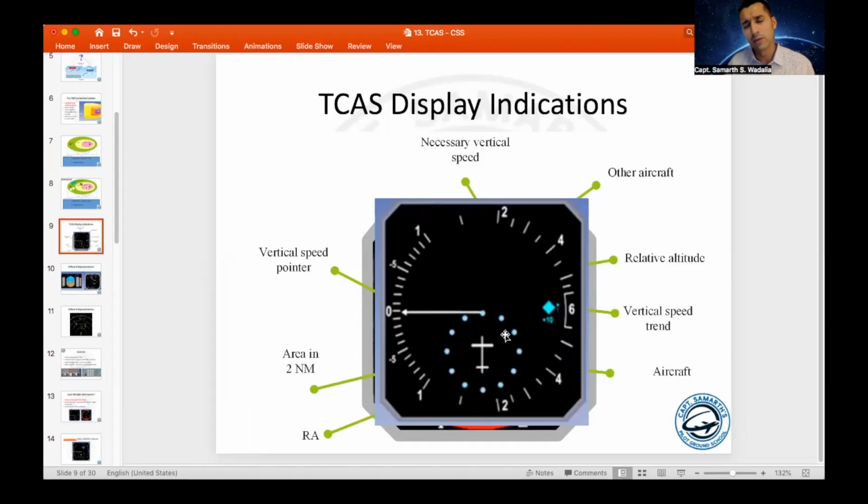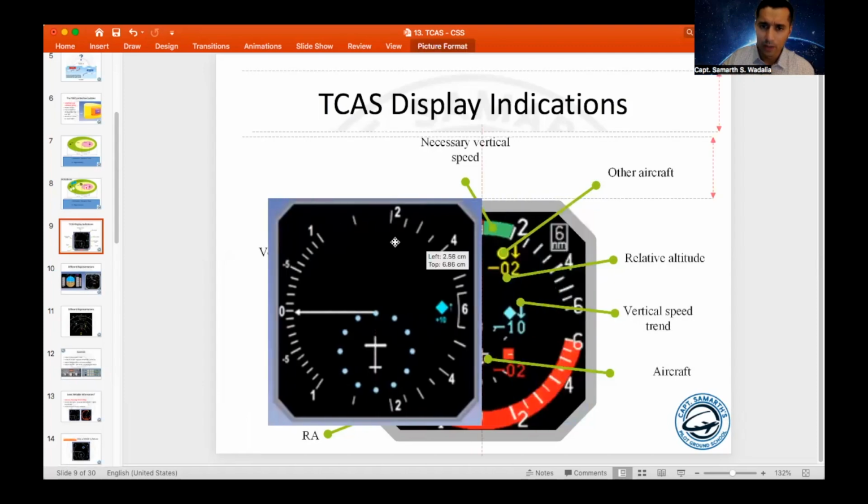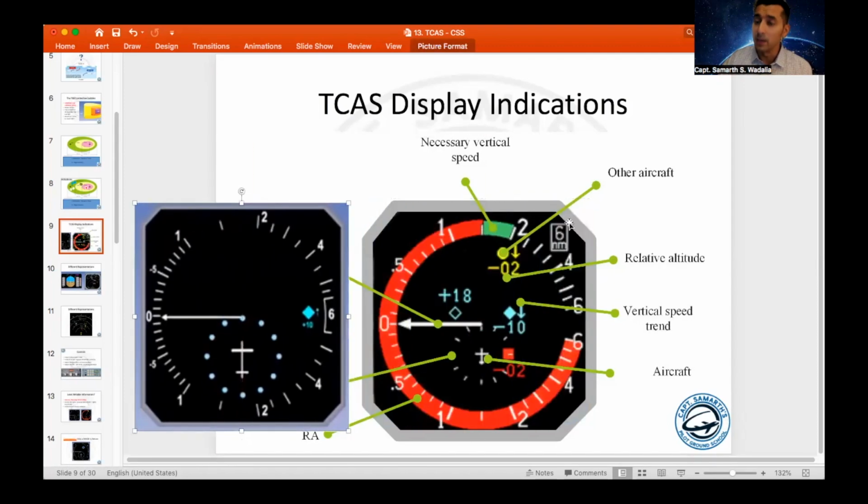This is what the instrument will look like: your aircraft and some other aircraft around you. However, if the target tends to become a threat, tends to become a resolution advisory, your vertical speed indicator will light up into red and green, and we will talk about how that works right now.